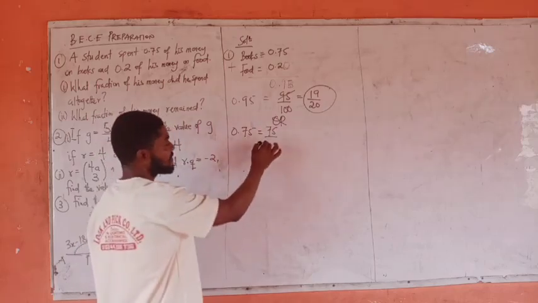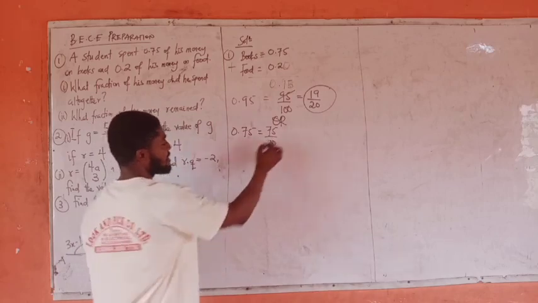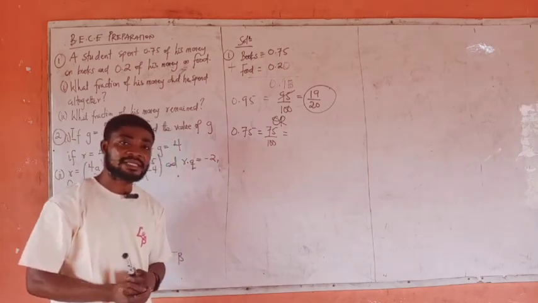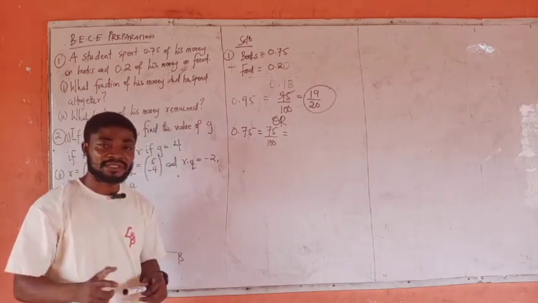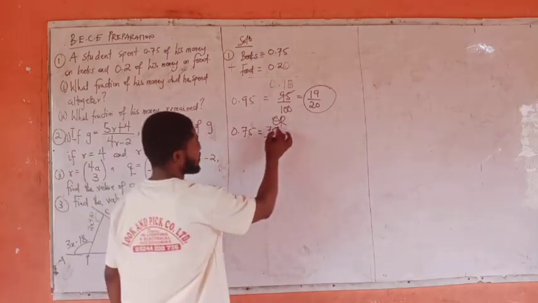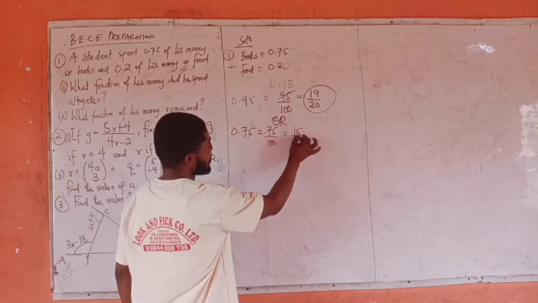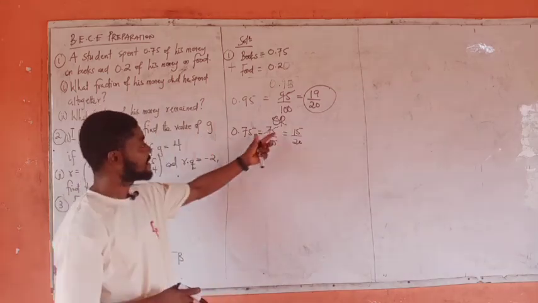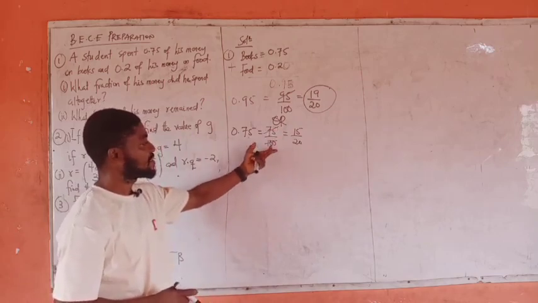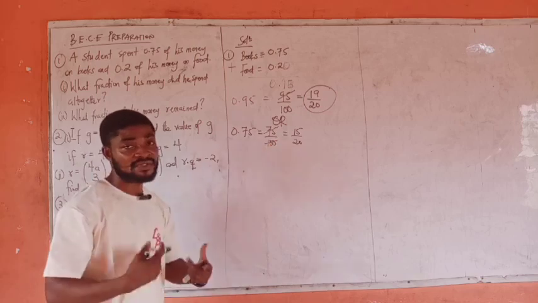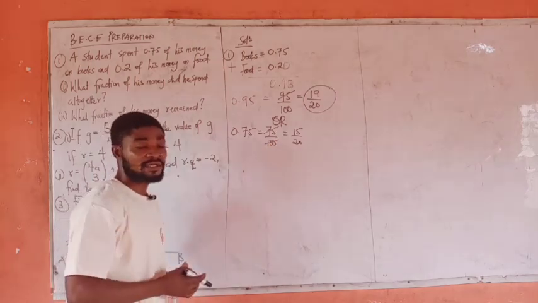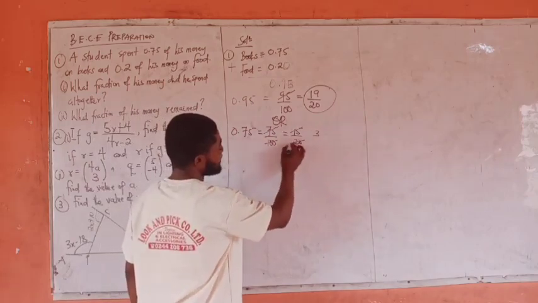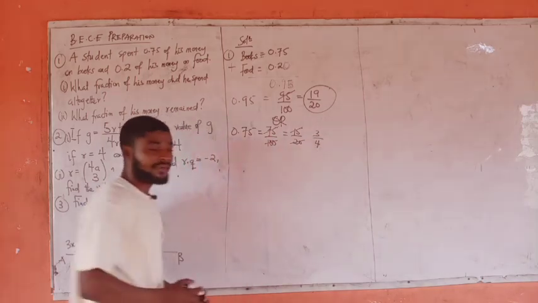Two decimal places, so out of 100. 5 goes into 75 15 times, yes, 15 times. So 15 over 20, which can still be broken down to a simpler form. 5 here, 3. 5 here, 4. So I get 3 out of 4.